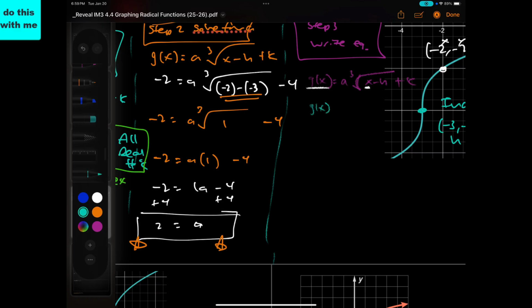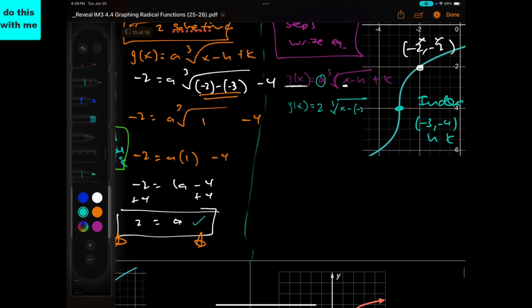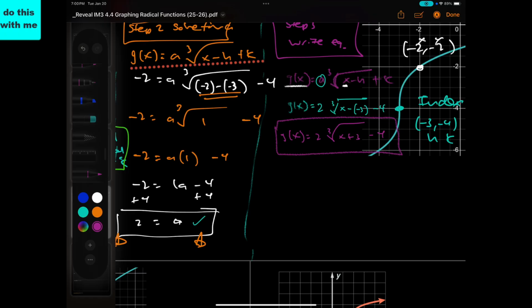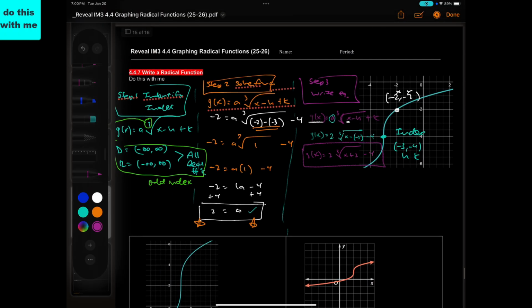So g of x, my a value now is 2. So that's going to be our vertical stretch there. And then my h value is -3, and my k value is -4. And let's just clean that up. So I have g of x equals 2 times the cube root of x plus 3 minus 4, and this would be our answer. Okay, so get the parts from the graph, solve for a, and then write your equation.